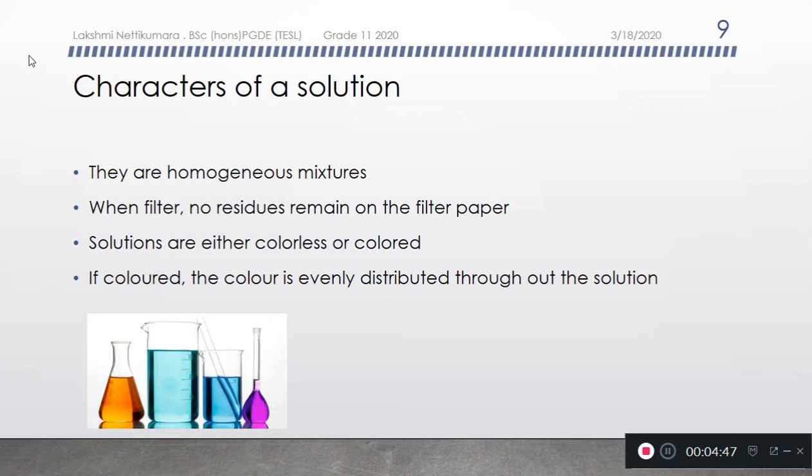And also another important fact is that we cannot separate solutes from a solvent by using a simple filter method if it is a homogeneous solution. The particles of the solutes are not visible to the naked eye.